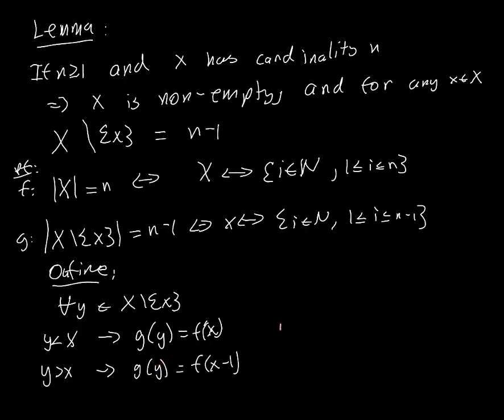And we see that this is actually a bijection, right? Because we're going over all elements. This contains all y, and it bijects to the set of i such that 1 is less than or equal to i less than or equal to n minus 1.